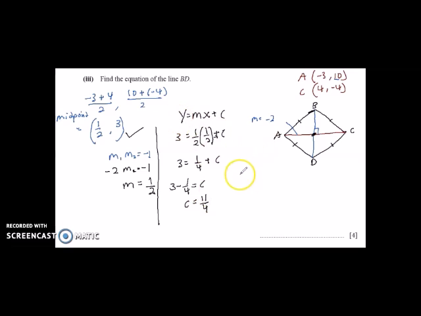So your equation of the line will follow y equals mx plus c, where m is 1 over 2 and c is 11 over 4. Okay guys, this is the equation of this perpendicular line, the other diagonal BD.